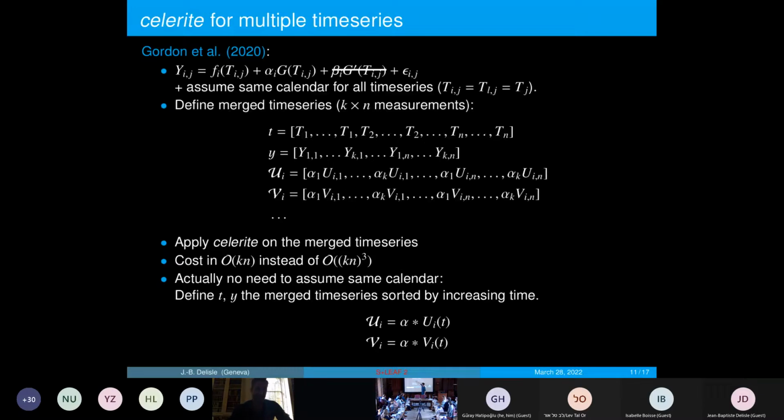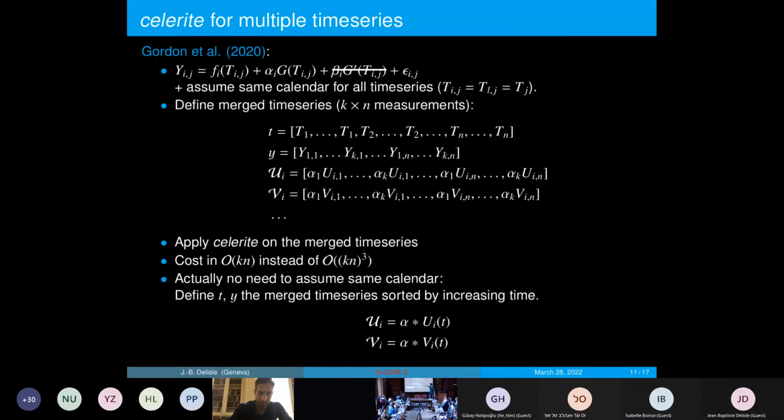So you have, for instance, the first RV measurement, then the first bisector measurement, the first HK measurement, and then all the second measurements, etc. Then you simply define new U and V matrices, which are simply the coefficient alpha that is here in front of the UV representation of the Gaussian process kernel. With this, you can directly apply Celerite, and the cost is linear in terms of the total number of measurements. So if you have k time series with n measurements each, the cost will be linear in terms of kn.